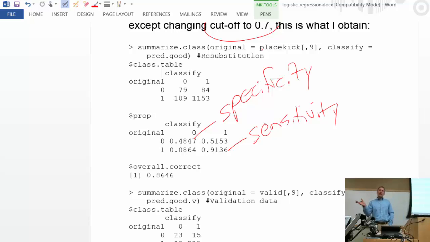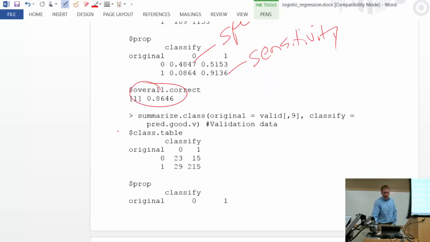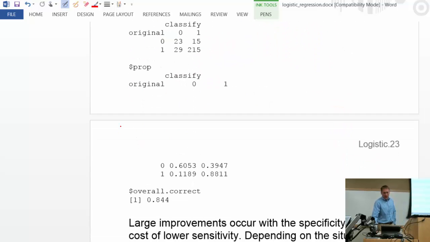And you should think of it from then the other point of view. Well, why is this now higher than what it was before? I'll let you do that on your own. My overall correct classification rate is 0.86, so actually my overall rate has actually dropped a little bit. For the validation data set, this is what I get. Sensitivity 0.88, specificity 0.61. Overall correct classification rate is 0.84.